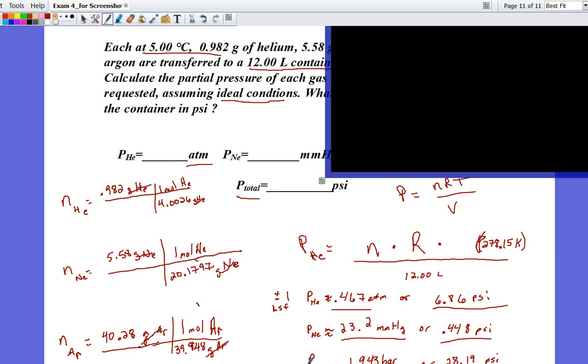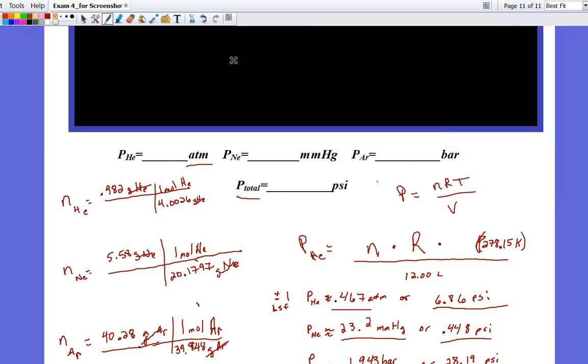And then argon, I had 4 sig figs when I did my argon, so this was my pressure in bar units from up above here. And then I went ahead and just converted that to psi, because the last step I had to add them up and report them to 2 decimal places, because that has 2, that has 3, that has 2.